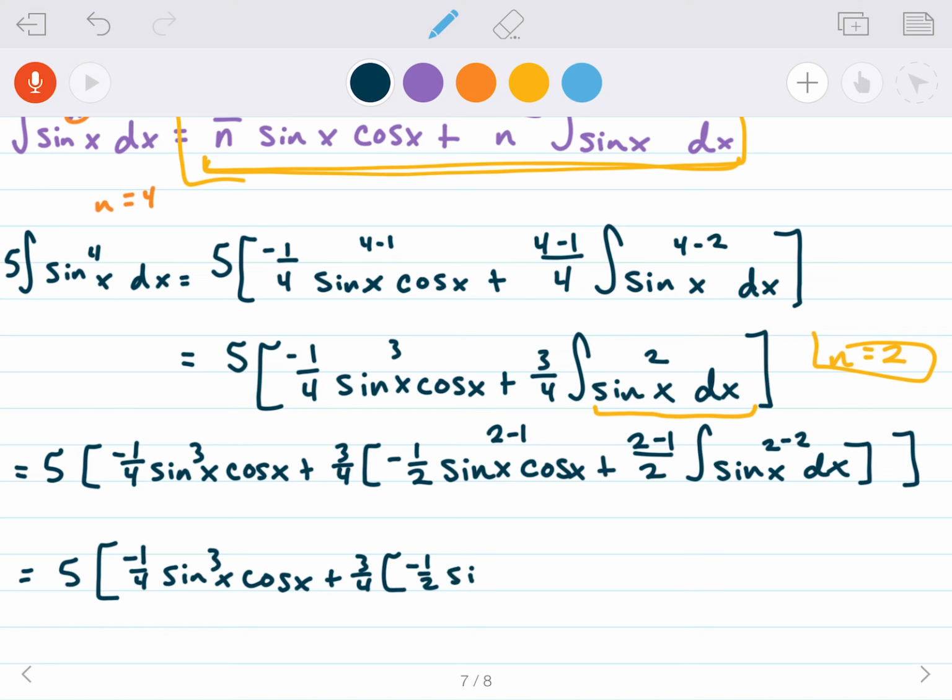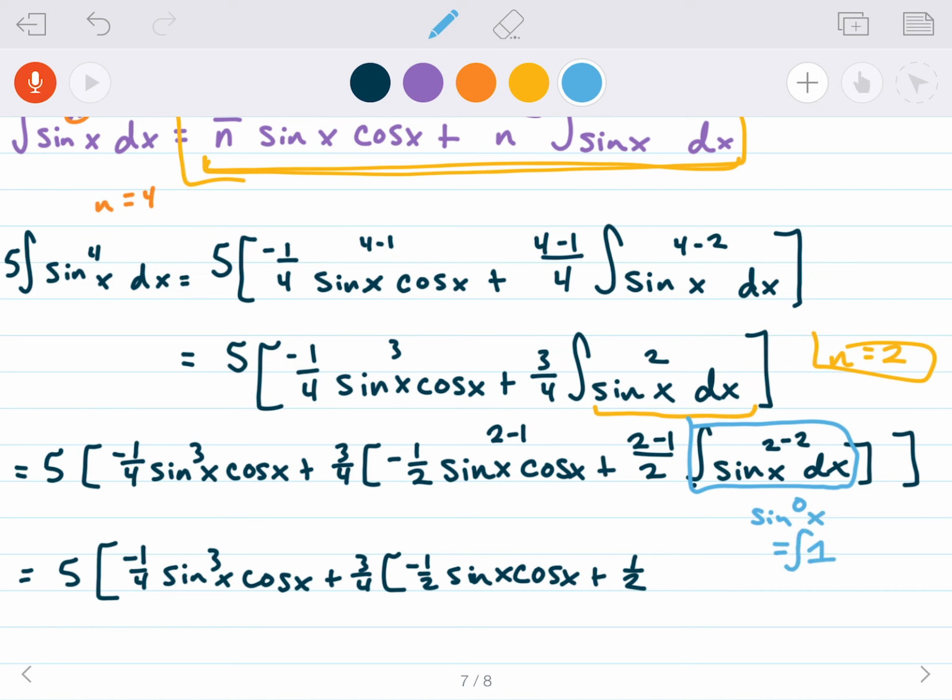Sine to the 1st of x is sine of x. Now here, this guy, what does that turn into? Well, this becomes sine to the 0 of x. Anything to the 0 is equal to just 1, right?